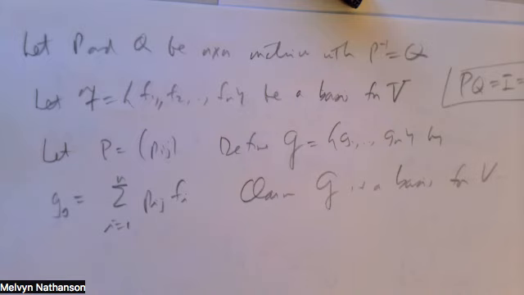So what we know is that the matrix P, applied to any vector, to the coordinate vector of V with respect to G, gives us the coordinate vector of V with respect to F.